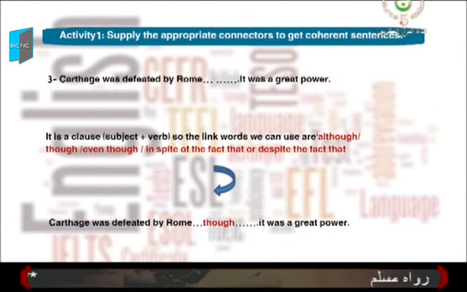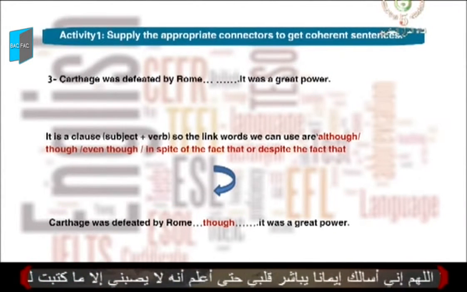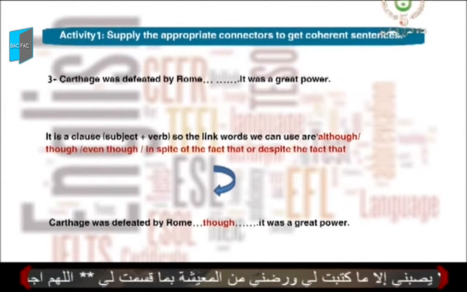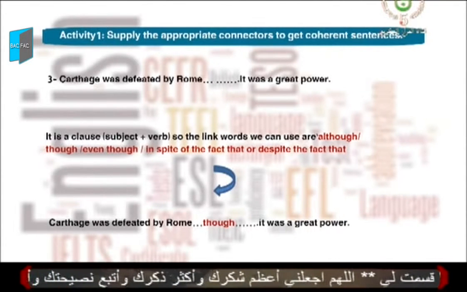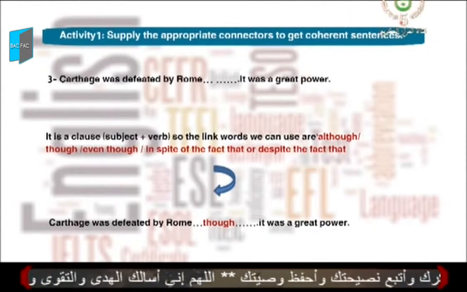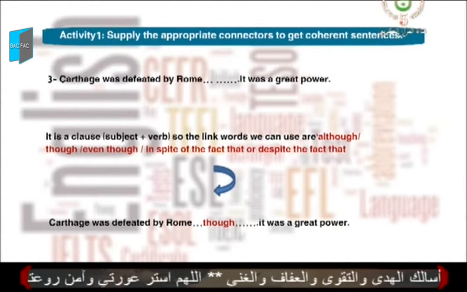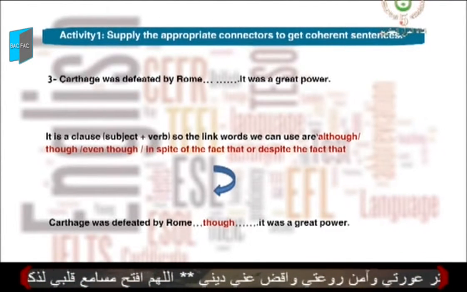The third and last sentence. Carthage was defeated by Rome, blank, it was a great power. What is the blank followed by? Yes, it is also followed by a clause, that is a subject and a verb. So the link words we can use in the blank are, yes, although, though, even though, in spite of the fact that, or despite the fact that.